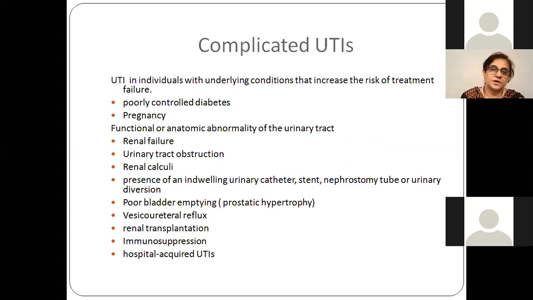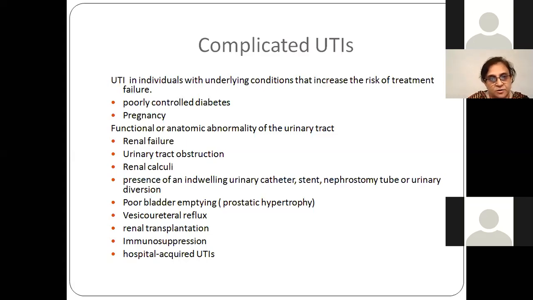Okay, now complicated urinary tract infection. What we said is that urinary tract infection in individuals with underlying conditions that increase the risk and cause treatment failure is called complicated UTI. So complicated UTIs can occur in poorly controlled diabetes mellitus, in pregnancies, and in cases of functional or anatomical abnormality of the urinary tract.